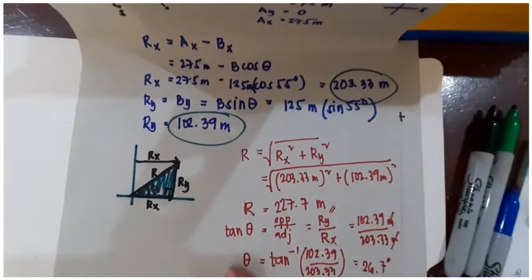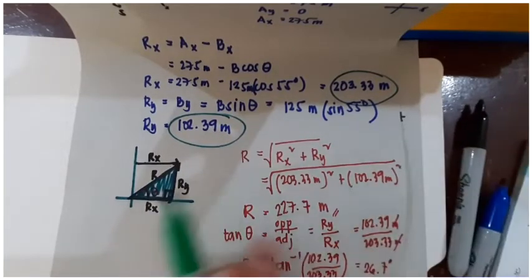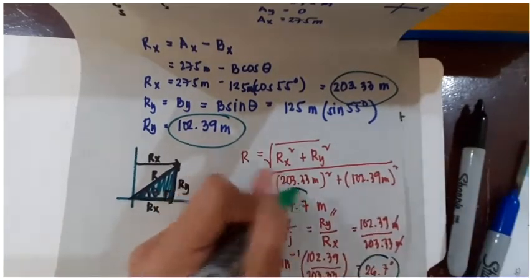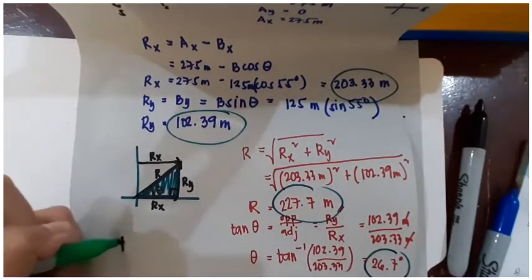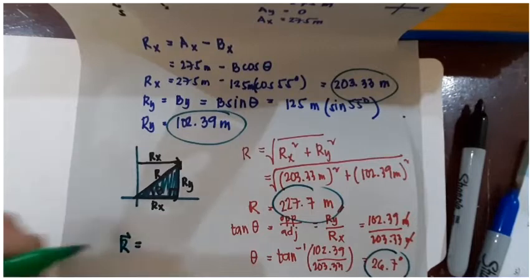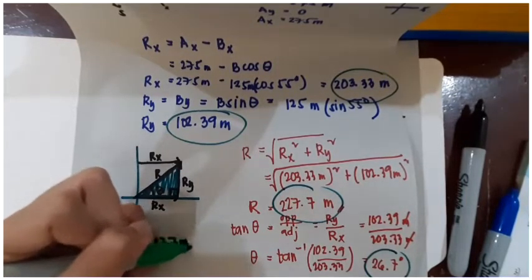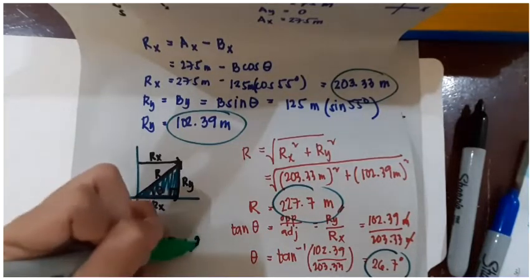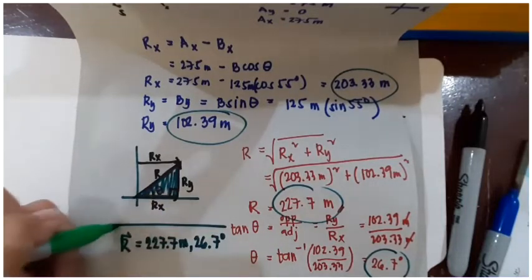.7 degrees. Okay. So, meron ka ng direction, meron ka na ring magnitude. So, how to write your final answer? Your R now is equal to 227.7 meters, 26.7 degrees.